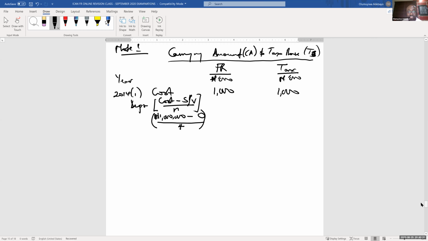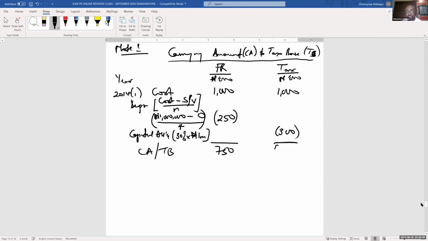That is what gave us 250,000 as the depreciation we charge. And likewise, capital allowance, based on information provided, we are told is 30% on cost, and the cost is how much? 1 million. That's how we obtain 300,000. Invariably, we have 750 as the carrying amount.